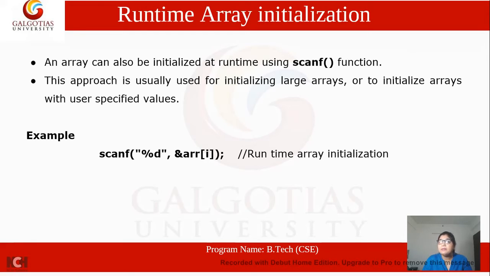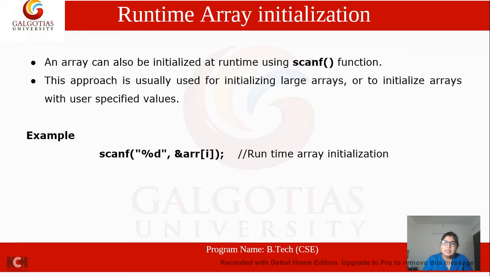So randomly you can access the elements of the array using index values. It may be possible that the first value you assign goes to the third location, depending on the index value. This is runtime array initialization.